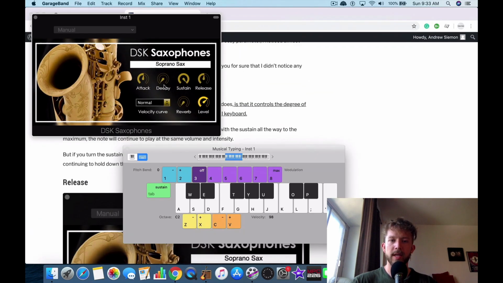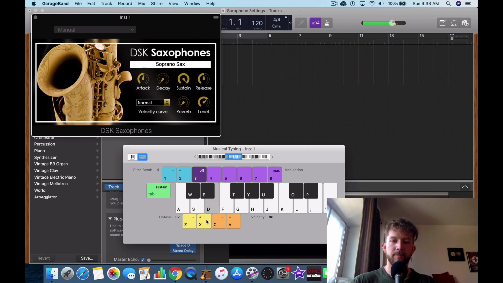So what that means is that when you have the sustain cranked, it's going to continue playing the note at the same velocity and intensity and volume as long as you continue holding down the note. But if you turn it way off, I find that it dissipates a little more.